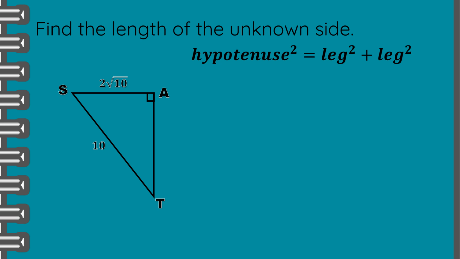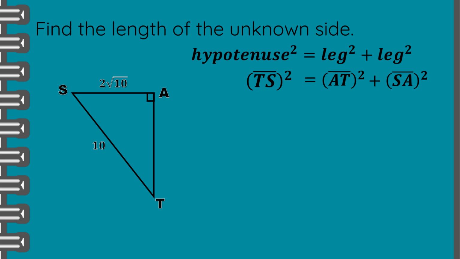The hypotenuse in the figure is segment TS, and the two legs are segment AT and segment SA. The square of segment TS then is equal to the square of segment AT plus the square of segment SA. We can solve for the length of segment AT by substituting the given to our formula.